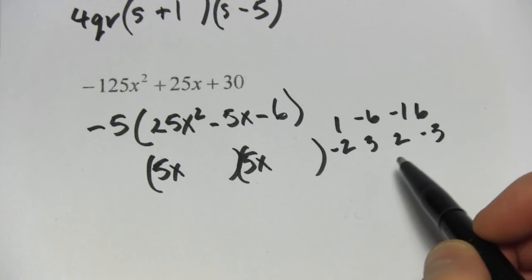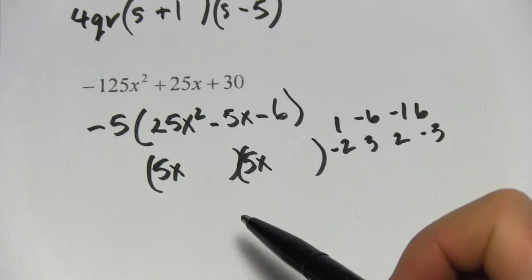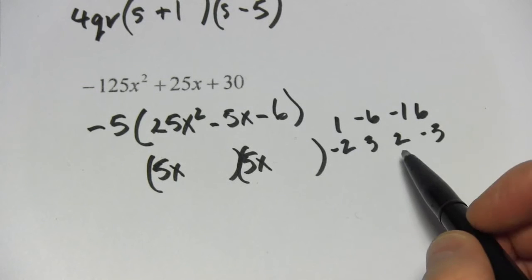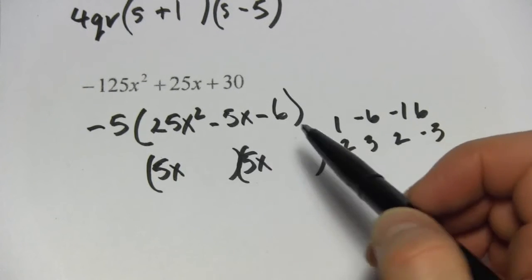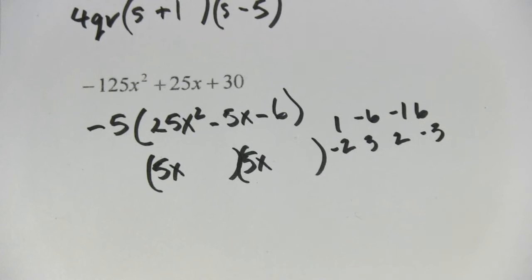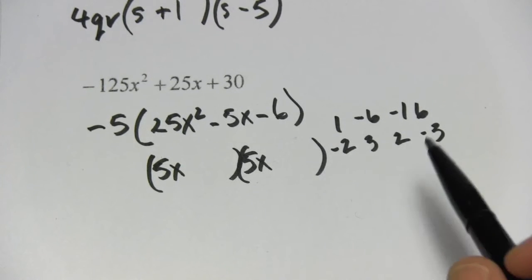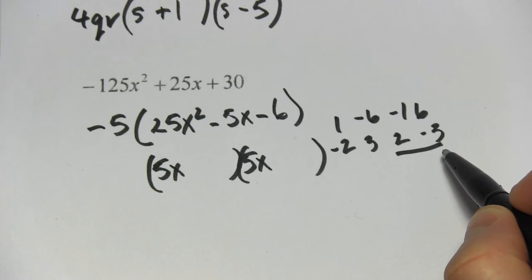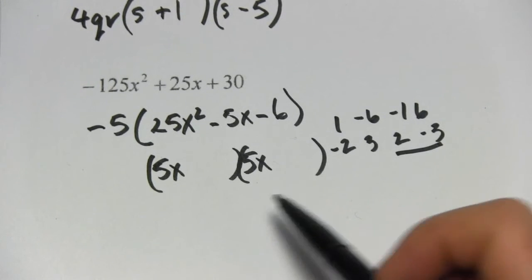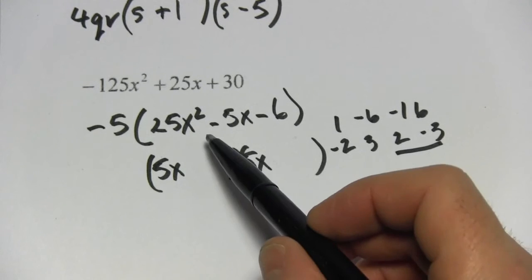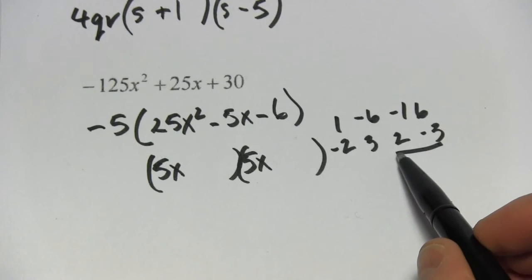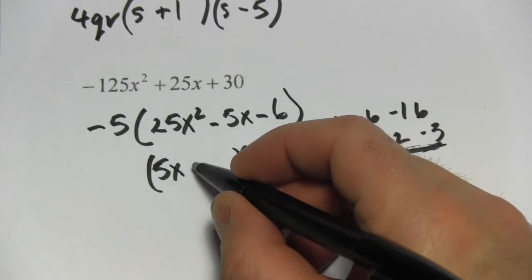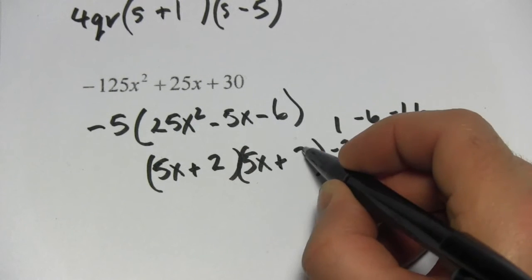And I want these to multiply out to be negative 6, and multiplied by these guys, they're going to add up to be negative 5x. And I'm going to pick one that I have a hunch about. The difference here is negative 1. Since I'm multiplying by 5x, I think that difference then is going to end up being negative 5. So let's try putting this one in and see what happens.